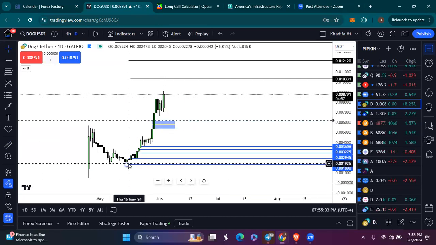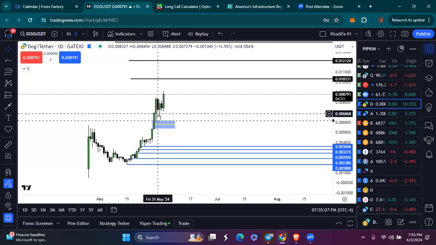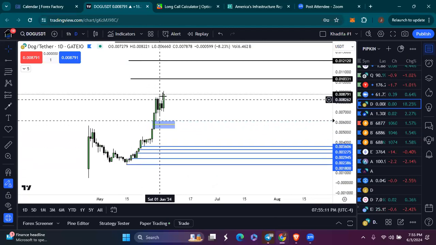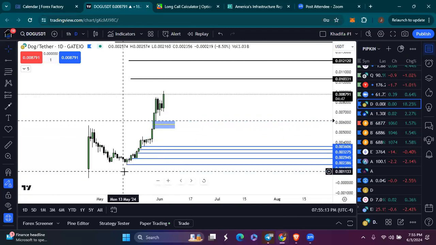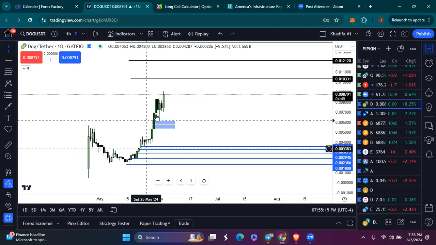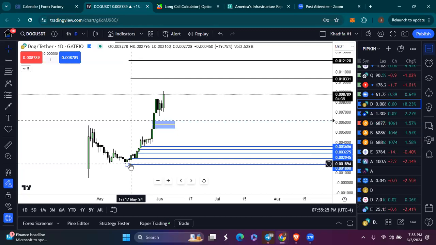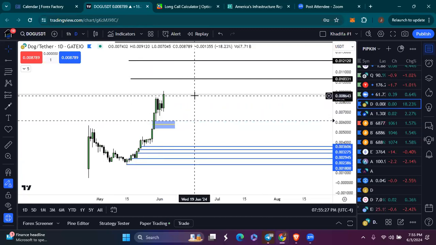It could be crazy swing gains, like holding for weeks or months, and it can be absolutely mind-blowing long-term gains if you're looking to hold this for a year or longer, right?